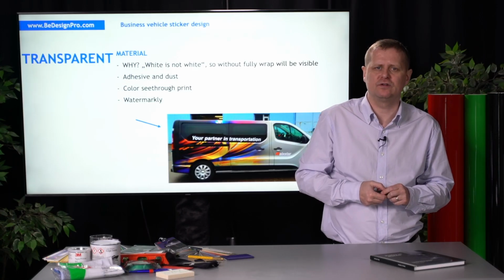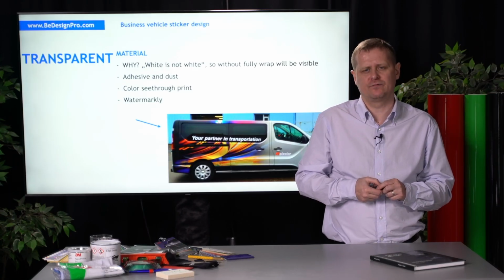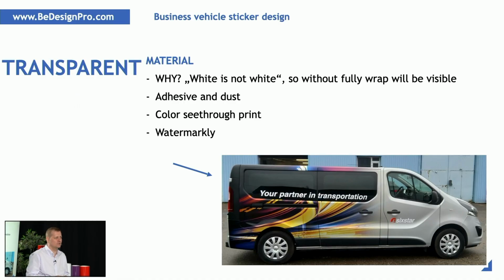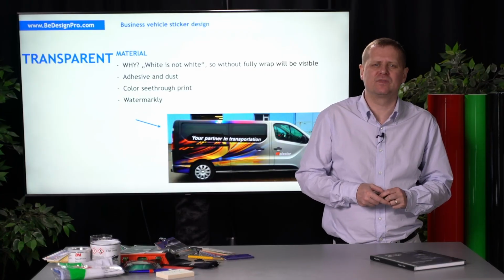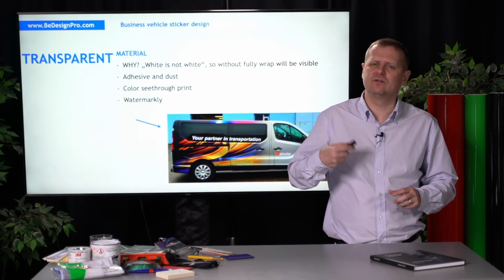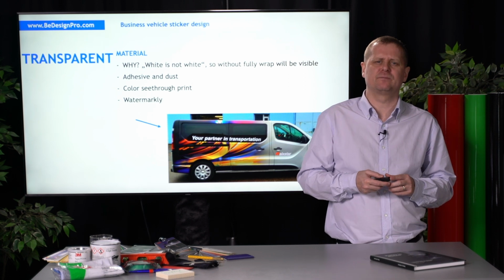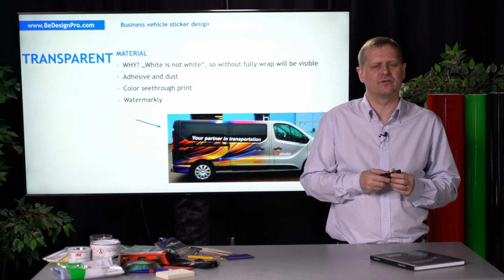So if you want your logo to be like a watermark, for example, then you must use a transparent material for printing. Also, if it's just a logo, not a full detail, and you have it on a dark car, then it will have a different gloss than the rest of the car. It will be visible. If your car is a lighter color, then with only a small transparent sticker, you soon have an ugly stripe on your car.